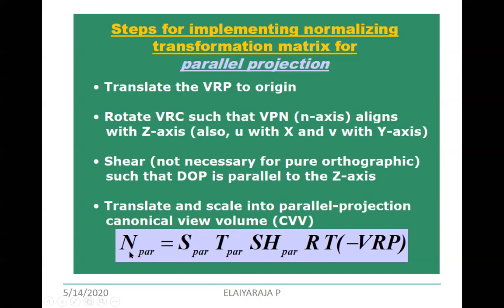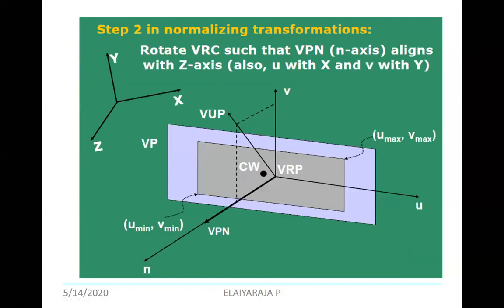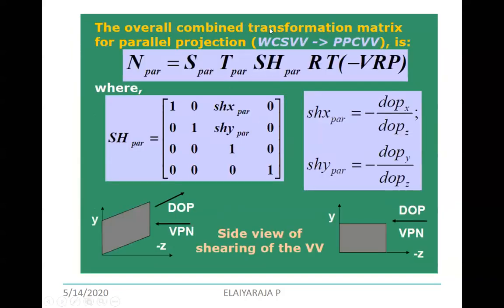You will get the final normalized projection with respect to the parallel projection when you apply these transformations, and the overall combined transformation matrix for parallel projection, where initially in the pipeline process you take the world coordinate system view volume to the parallel projection canonical view volume, which is brought back to the normalized parallel projection.